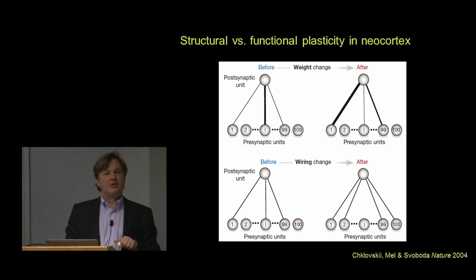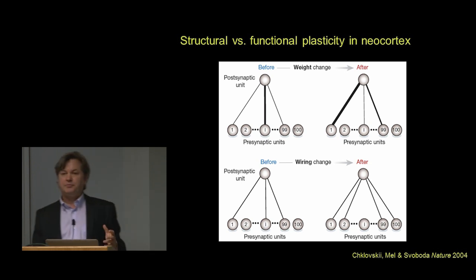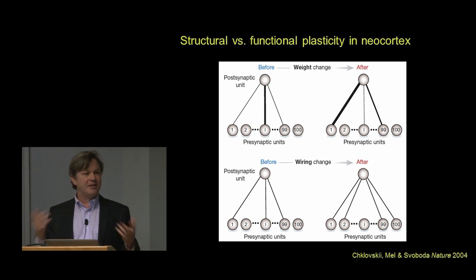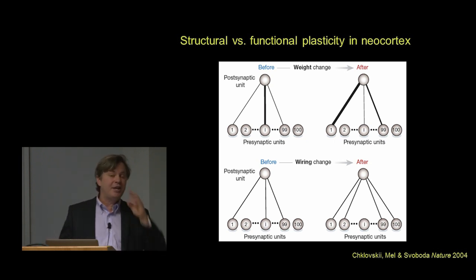One is weight change, and this is the kind of plasticity that one talks about in synaptic plasticity, typically LTP. We have a wiring diagram where the presynaptic neurons, here they have an example with 100 potential presynaptic neurons and 10 connections onto a postsynaptic cell.